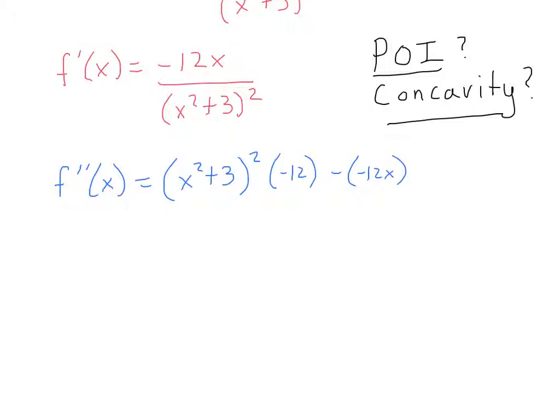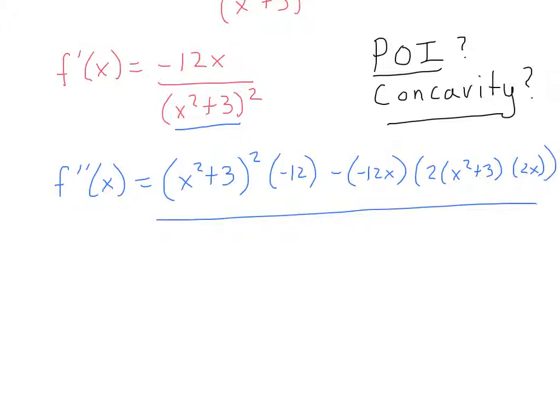Now the bottom derivative is going to be a chain rule right here. So you're going to have 2 times (x squared plus 3), reduce the power by 1, but then you have to multiply by the derivative of the inside, which is 2x. All over the bottom squared, so that's going to be (x squared plus 3) to the 4th power.